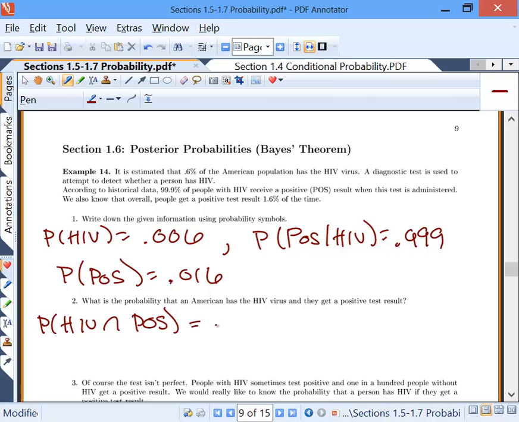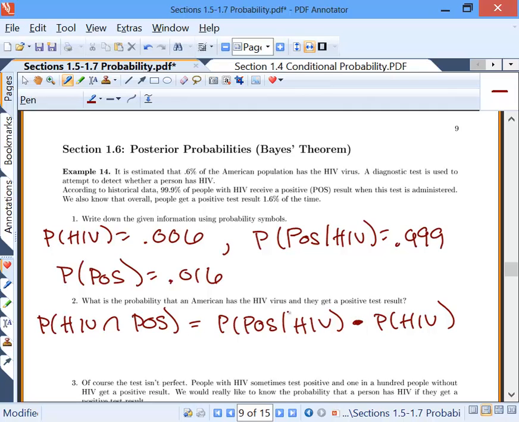So we know that if we want the intersection, we need the probability of the conditional or the conditional probability. And I need to times it by something. What do I want to times it by? Given. Okay. The probability of the given thing, so the HIV. So for intersections, we always know we're multiplying.